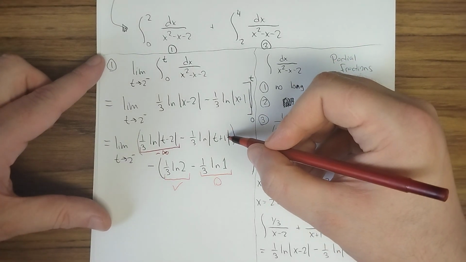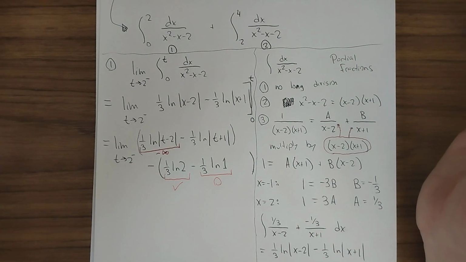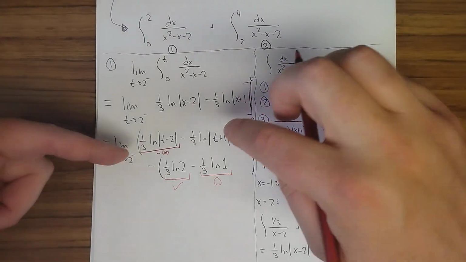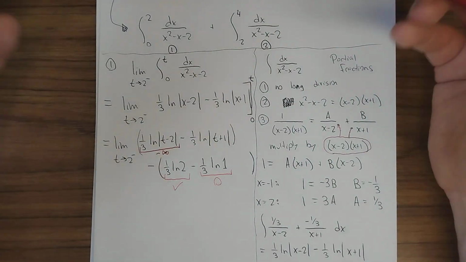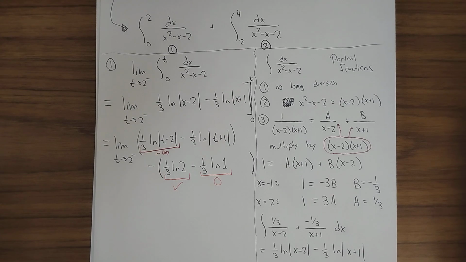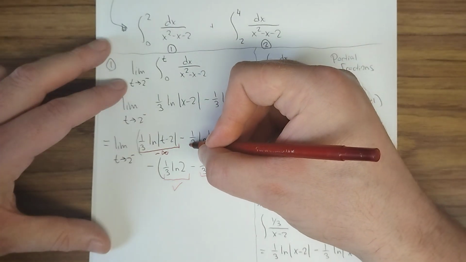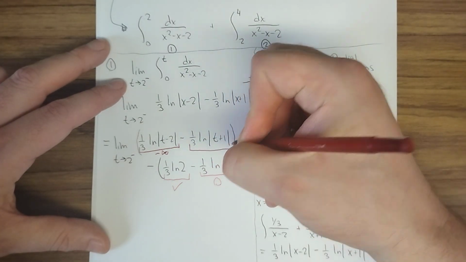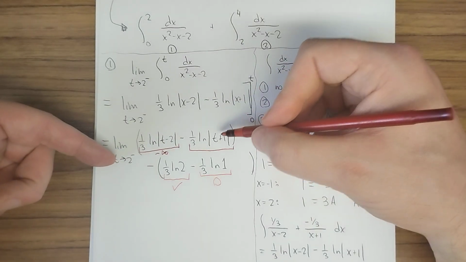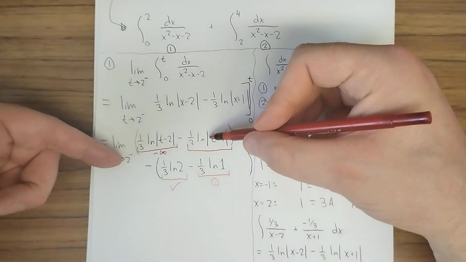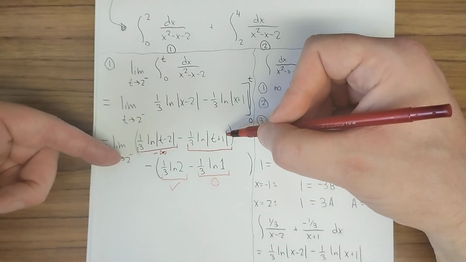Let's keep going though, because it's possible that I would have an indeterminate form. If I have an infinity minus infinity, then that's something I'm going to have to think about harder. This isn't going to be any kind of infinity though. t is just 2, so this is like 1/3 ln 3.